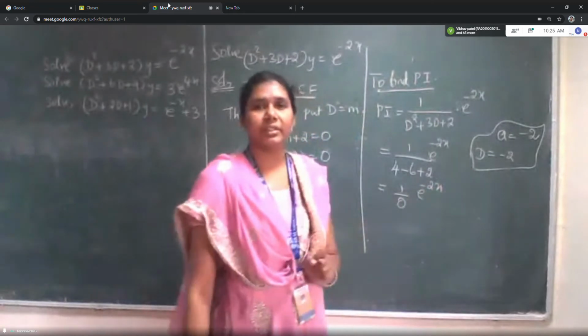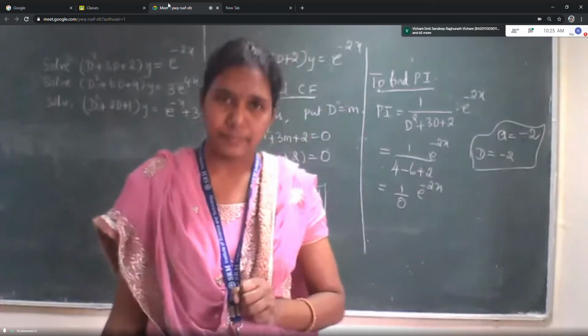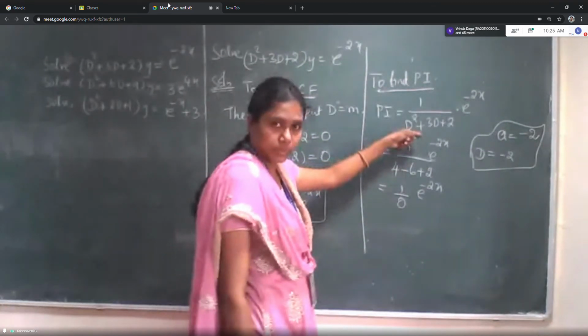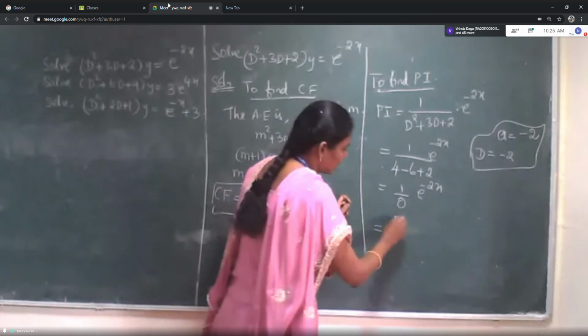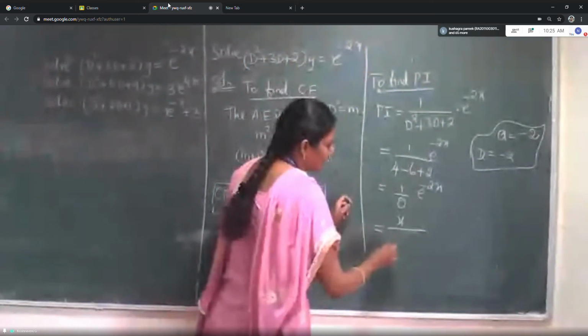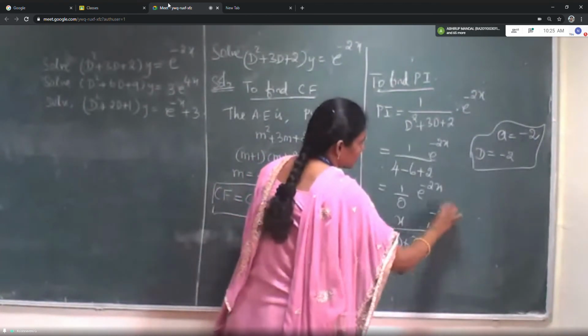If we get the denominator value 0, what do we have to do? We have to differentiate the denominator with respect to D, and also multiply x in the numerator. That gives x by 2D plus 3 into e power minus 2x.